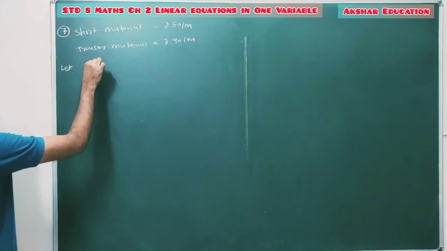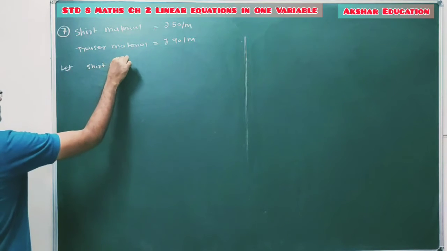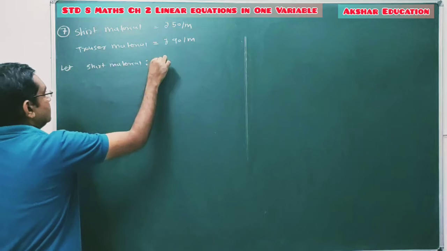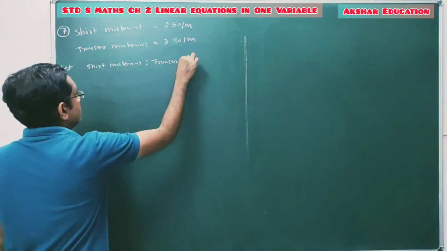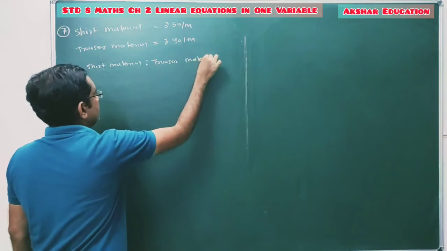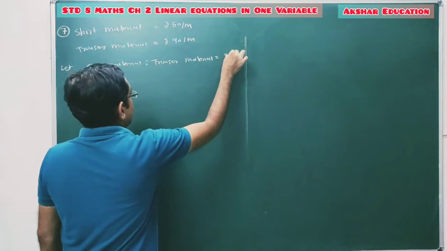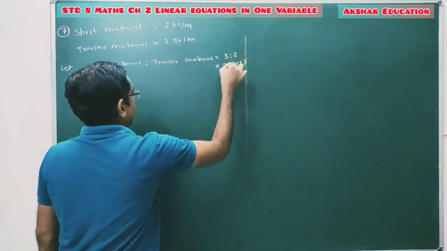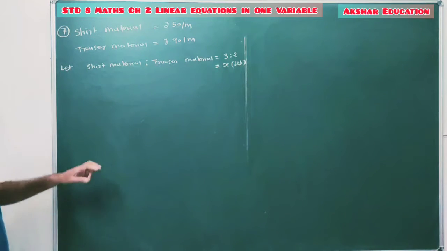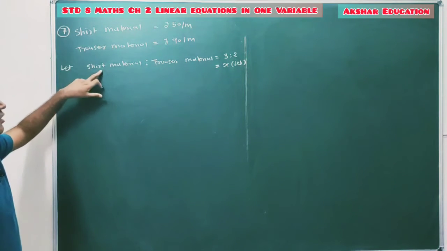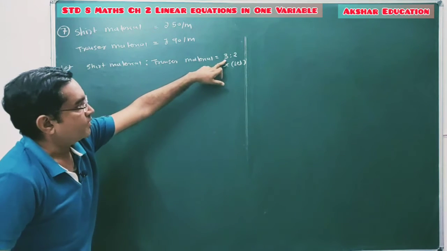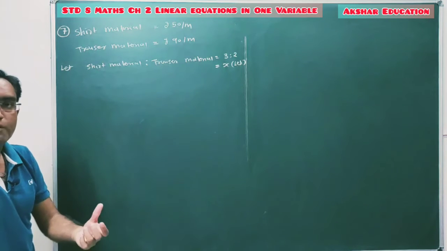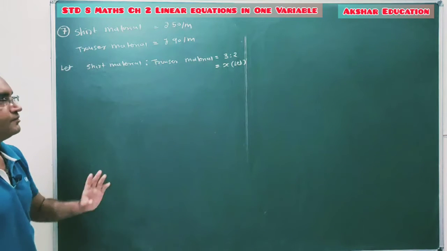So the ratio is 3:2, and that is equal to, take one variable x. That means if we require 6 meter of shirt material, then we require 4 meters of trouser material. Ratio must be constant. Done.